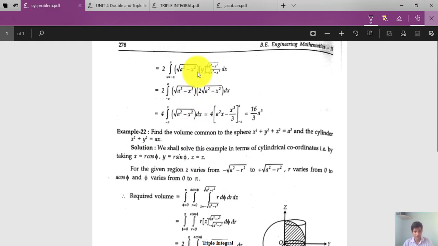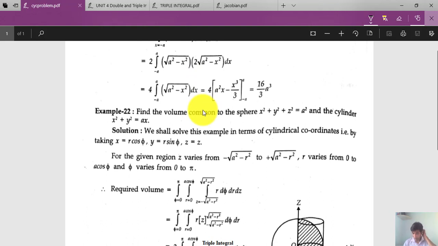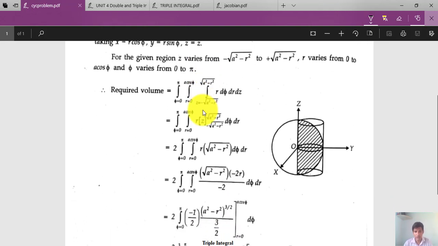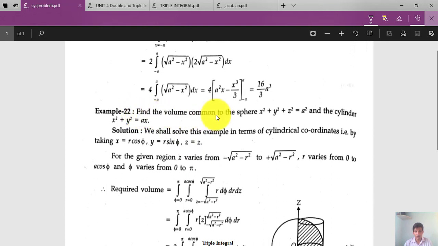This is the equation, okay. So this also I hope you should be able to do. See, find the volume common to the sphere. Please read the question properly.